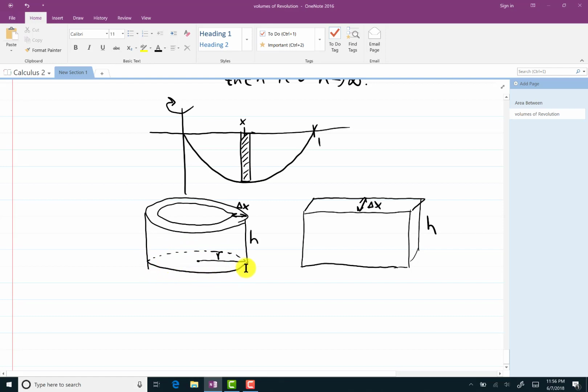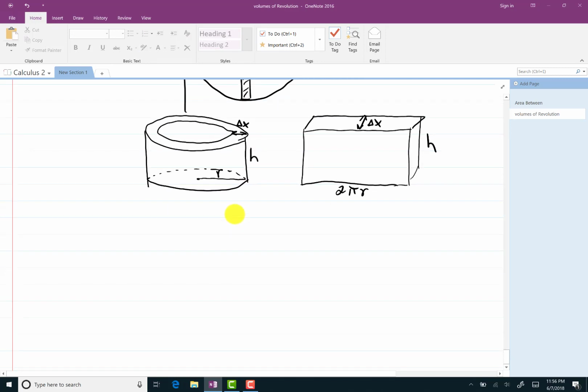This circumference is 2 pi r. So if you look at the volume of a shell, it will be the product of these three dimensions. So you have 2 pi r h delta x.